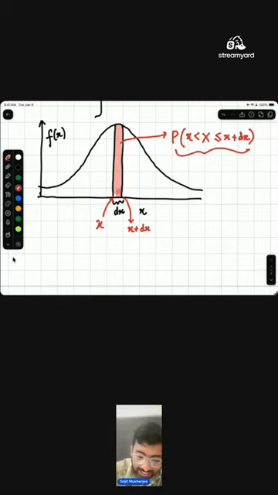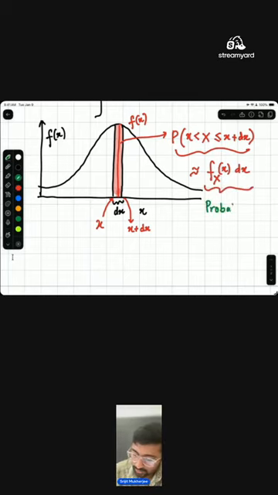Since dx is infinitesimally small, this area is approximated by the height, which is f of x, and the length is dx. So this is approximated by the density function times dx. This is what the probability is.